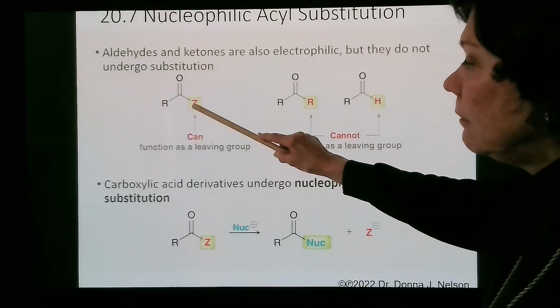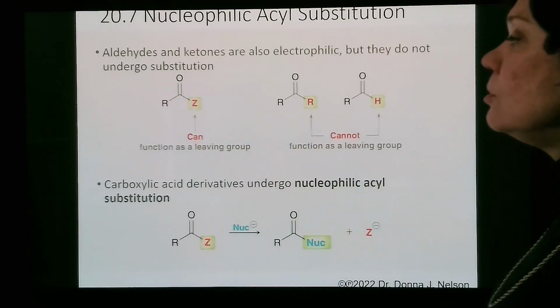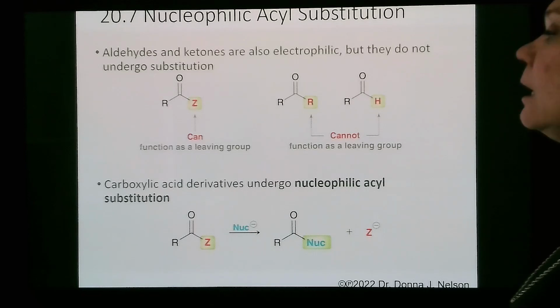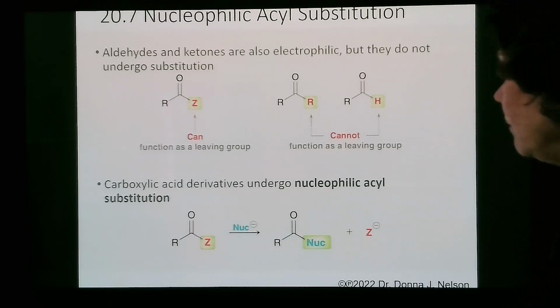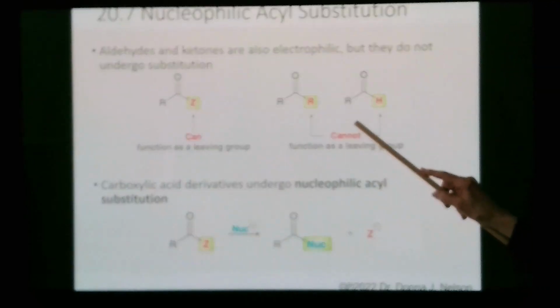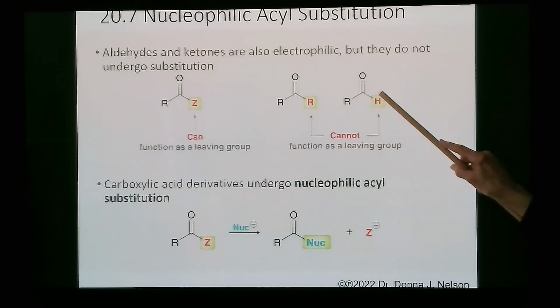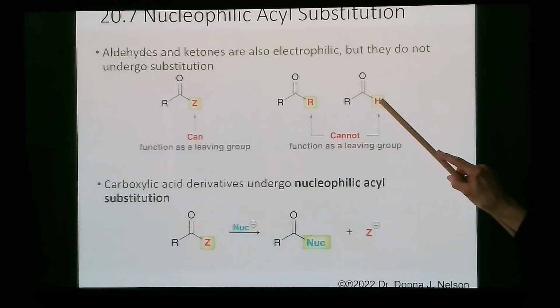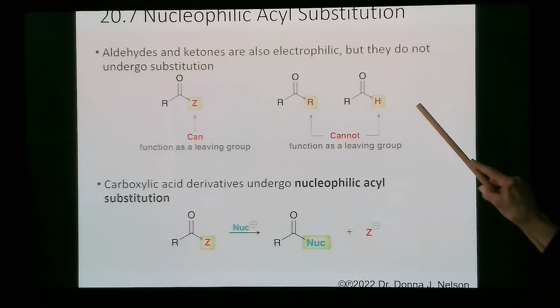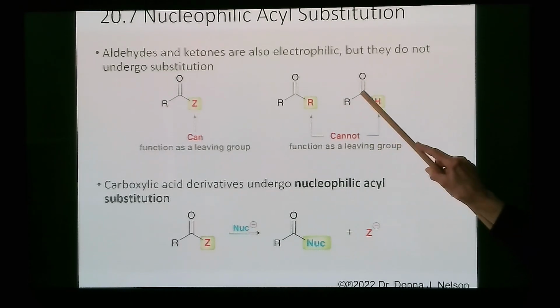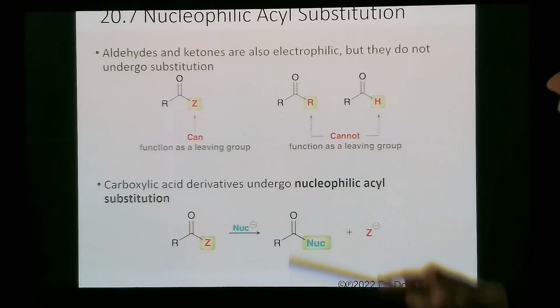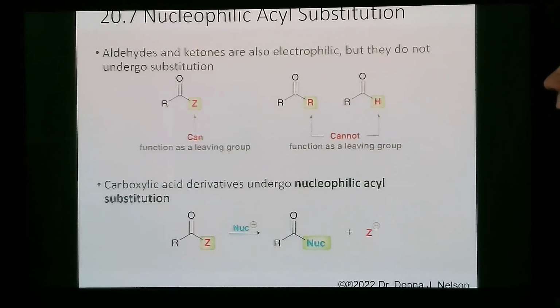All of the groups attached to the carbonyl carbon can function as a leaving group. That is entirely different from the situation with aldehydes or ketones. Here, one does not see hydrogen function as a leaving group if the carbonyl is attached, and the alkyl group does not function as a leaving group.